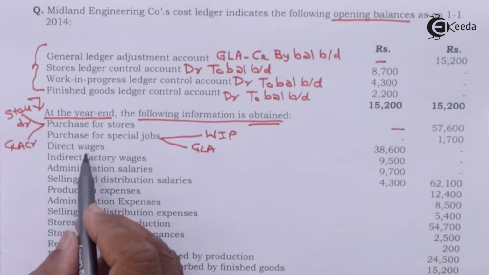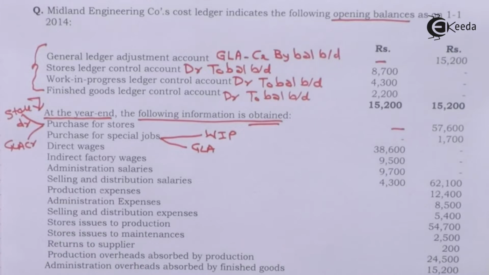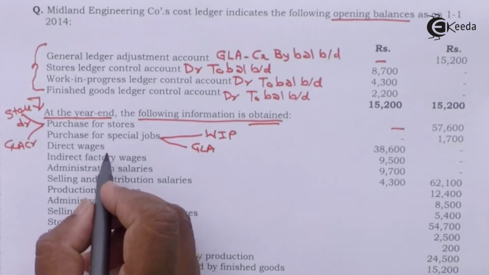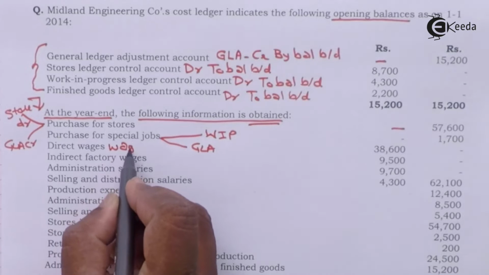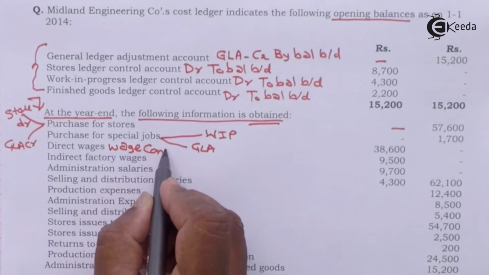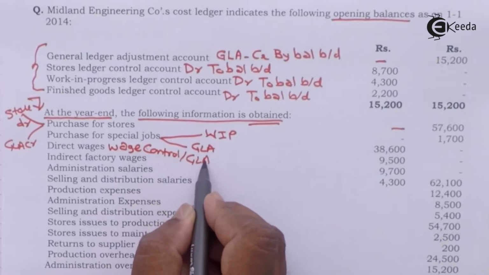Next we have direct wages, 38,600. This will be recorded to the debit of wage control account, and it will be credited to GLA.